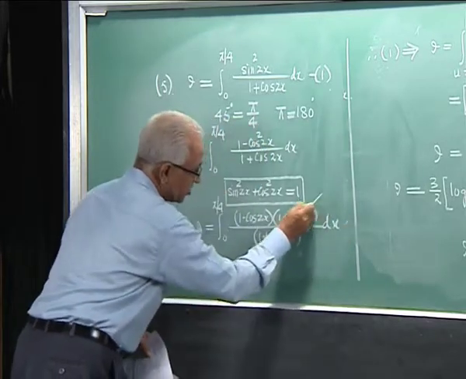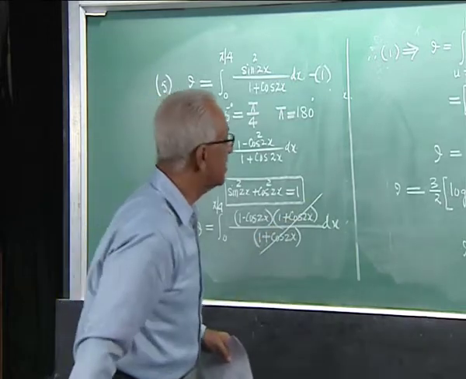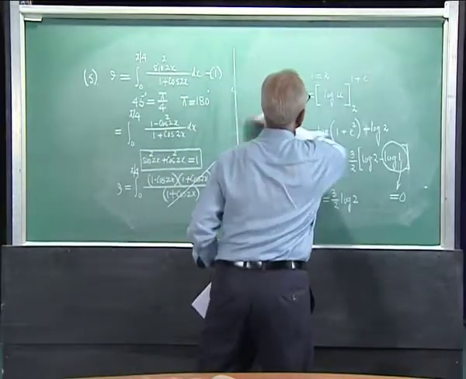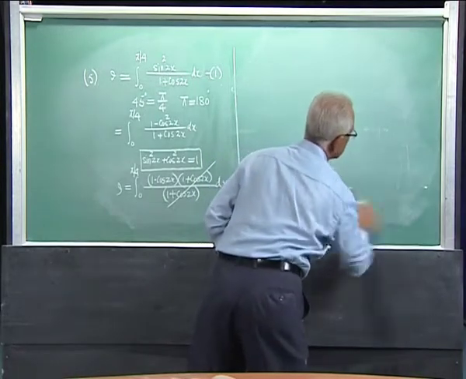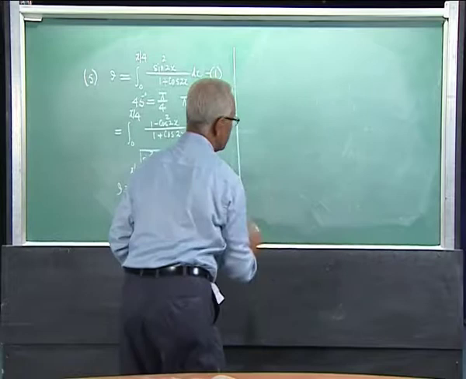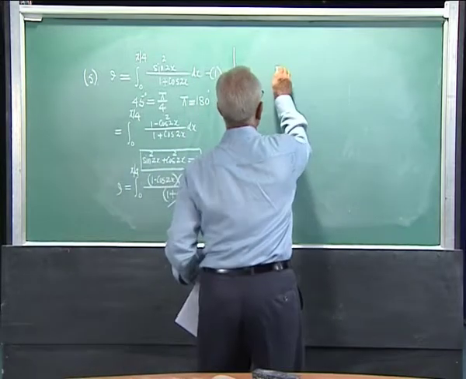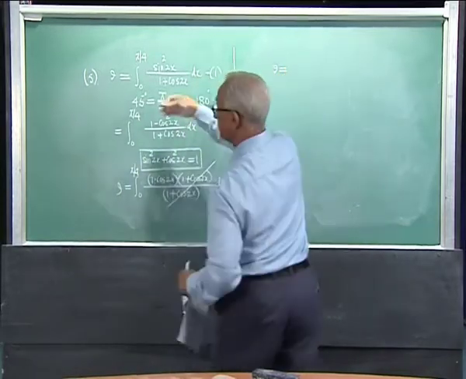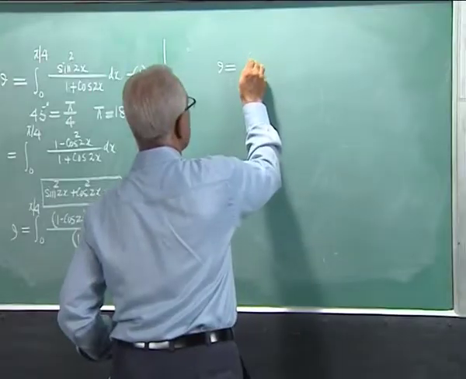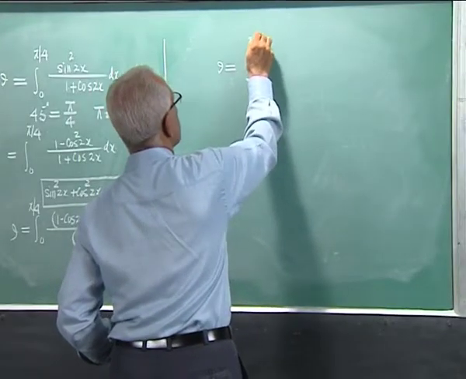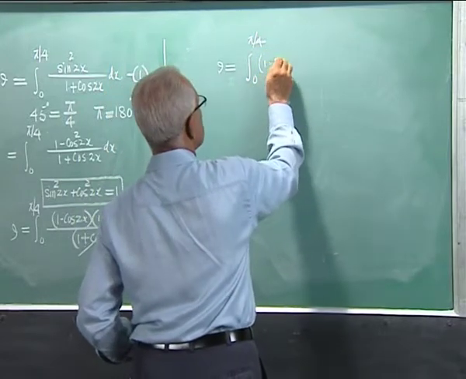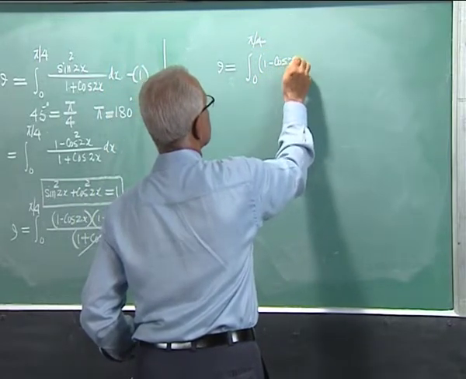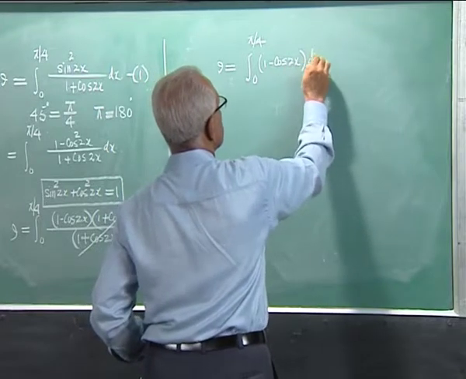This 1 plus cos 2x cancels with this, and I get a very simple integration. There is no need to substitute even at this point of solution. I'll be getting only, which I did in the first 2 exercises, the integral 0 to pi by 4 of 1 minus cos of 2x dx.